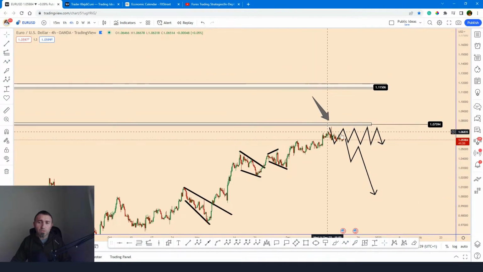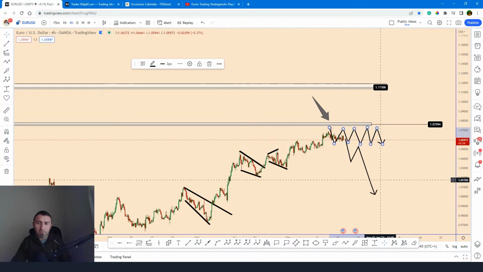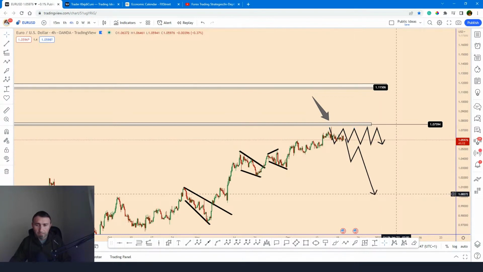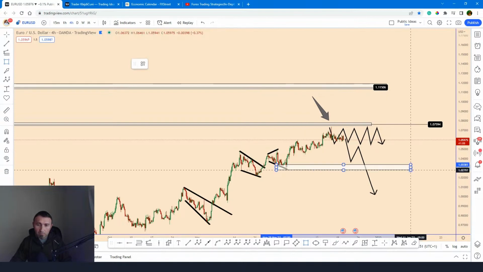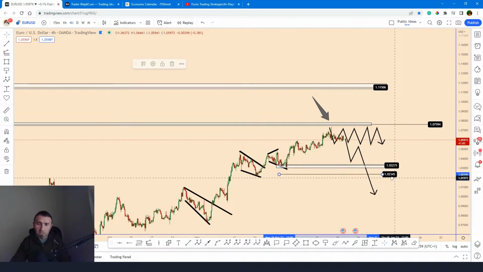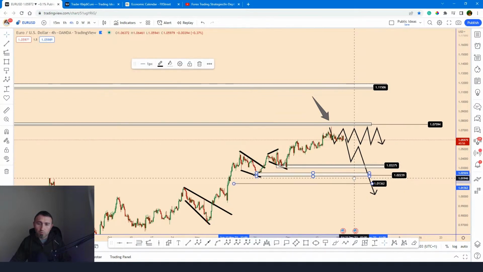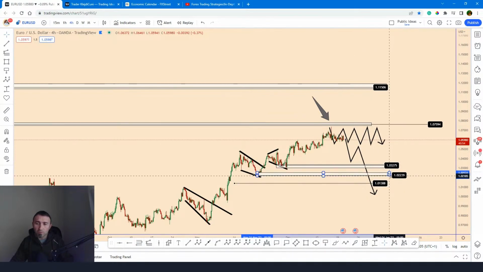So for the moment, we are just in a resistance zone where the buyers and the sellers are fighting with each other. Once the price begins to move down, I think the chances are high that the price may come close to 1.03. It looks like a very interesting area. And the second area should be close to 1.02.